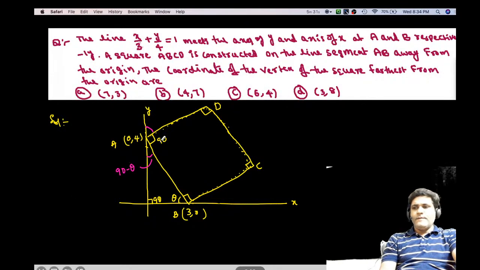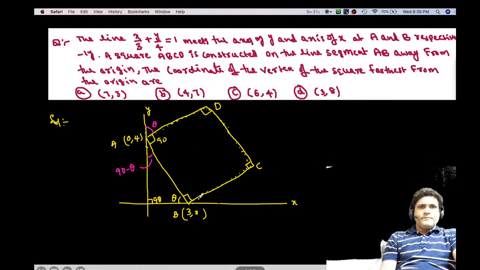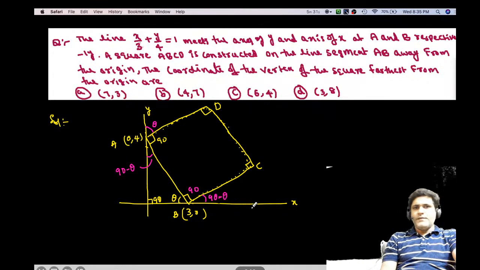What is this angle? Total is 180, straight line. This is the construction. Now this one is theta and this angle is 90. This angle will be 90 minus theta.